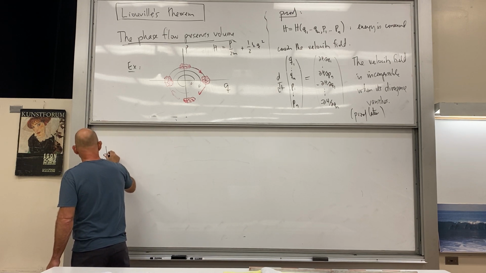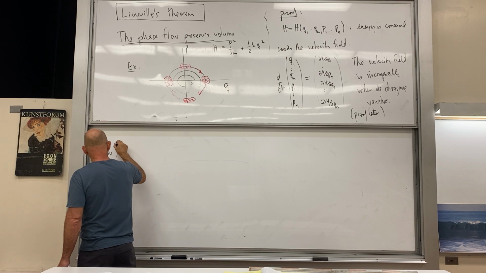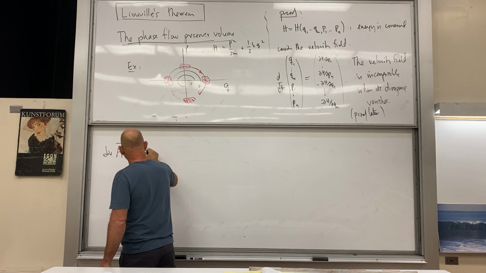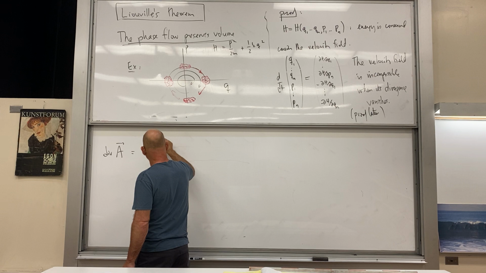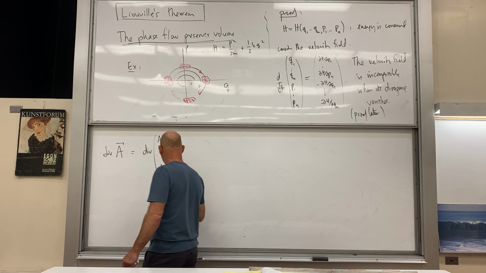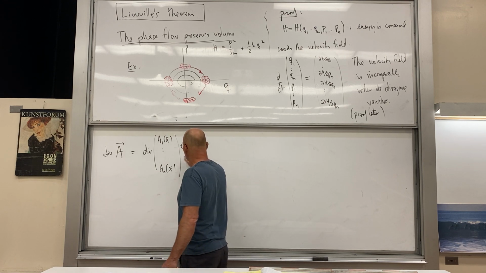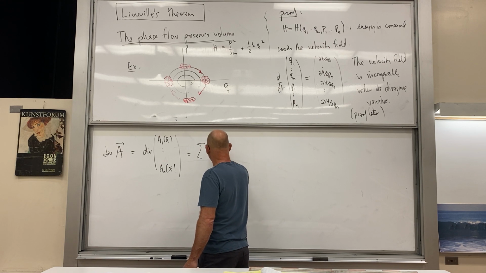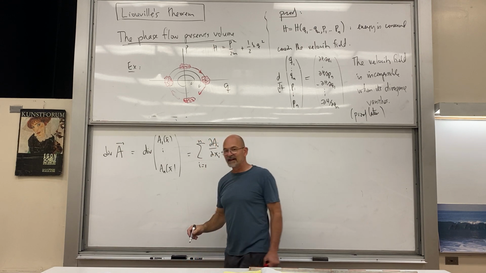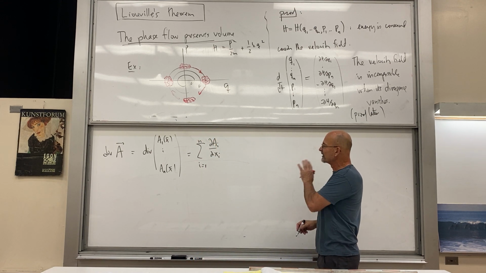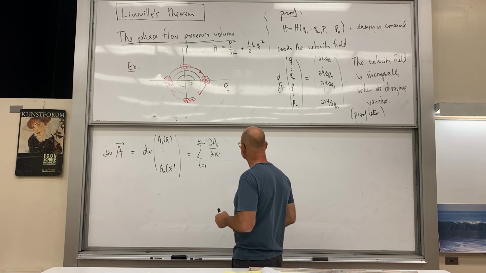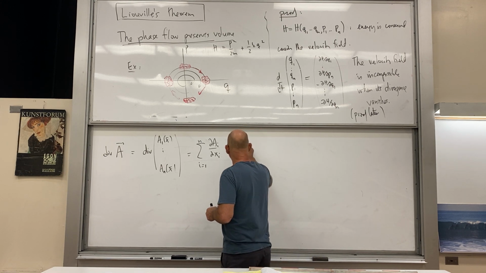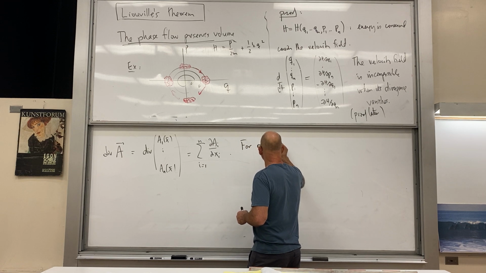So the divergence of a vector is equal to the divergence of, I'm just writing out the components. What is that? That is the sum of dAi dxi, i equals 1 to n. That's how the divergence is always defined for our system over here.